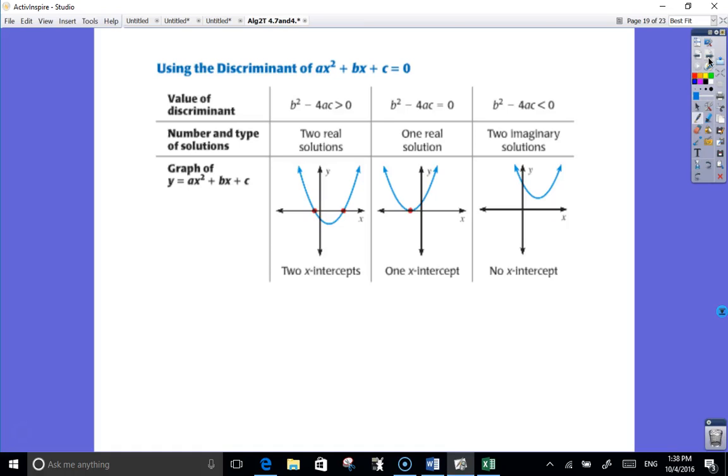If b squared minus 4ac equals 0, then you're doing plus or minus the square root of 0, which means you're going to get the same number twice. So there's really only one real solution. In terms of the graphs, if a parabola crosses the x-axis in two places, that's because the discriminant was positive. If it touches in one place, that was a perfect square trinomial, so it just touches the axis and goes back the other way. If it doesn't cross the axis at all, that means you get imaginary solutions. Okay.